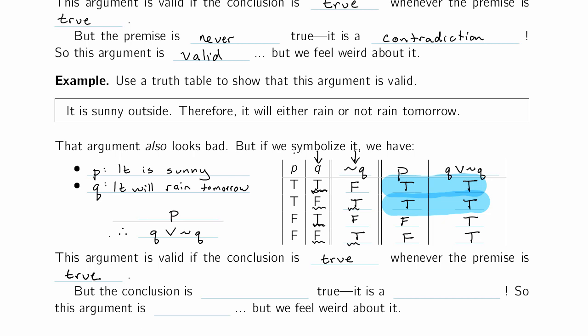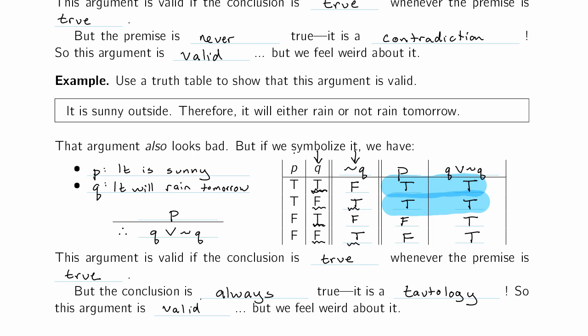And that is the case here, but you know, the conclusion is true regardless. The conclusion is always true. Remember, we call a statement like that a tautology. So again, this argument is valid, but we feel weird about saying that.